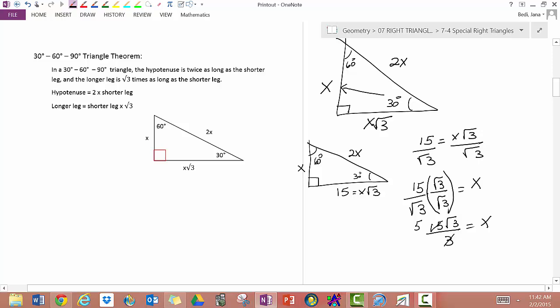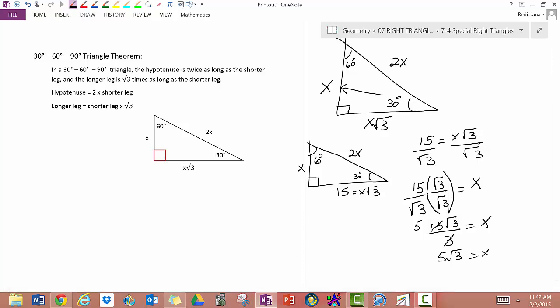So this is 5, and x is 5 root 3. If you were given in a separate example that x, the short leg opposite the 30 degree angle, is 5, then the hypotenuse would be double, which is 10, and the long leg would be 5 root 3.